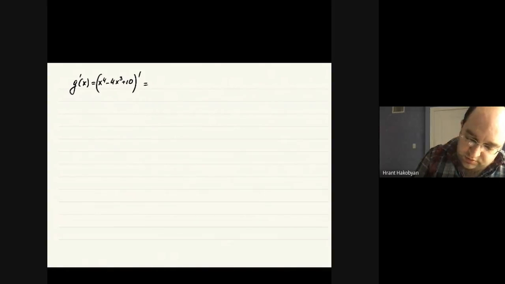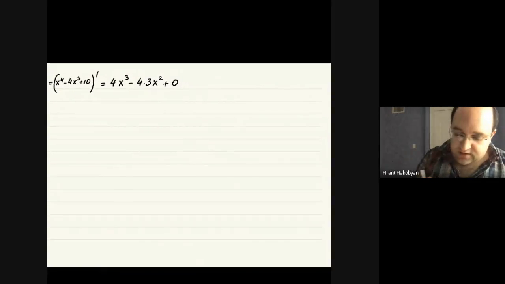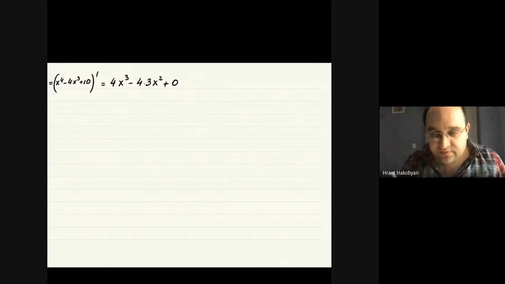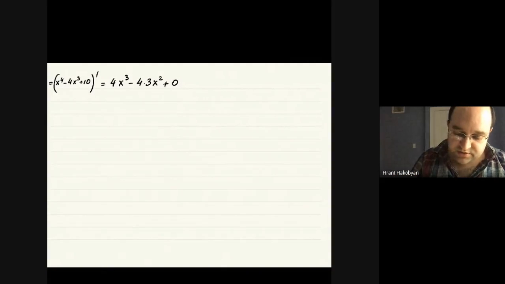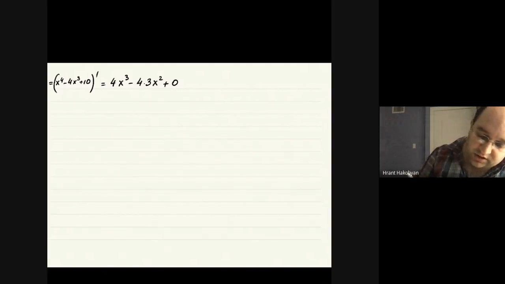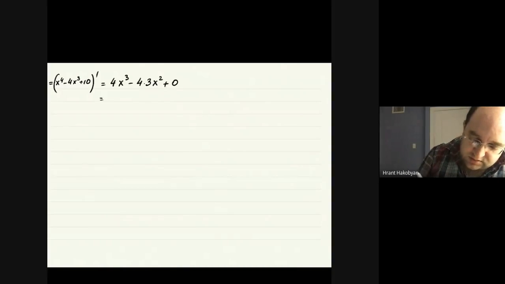The derivative is going to be 4 times x to the power 3 minus 4 times 3x squared plus 0, correct? So then let's simplify. Why do we need to simplify? Because we need to find where the derivative is going to be 0. So what can we factor out here?